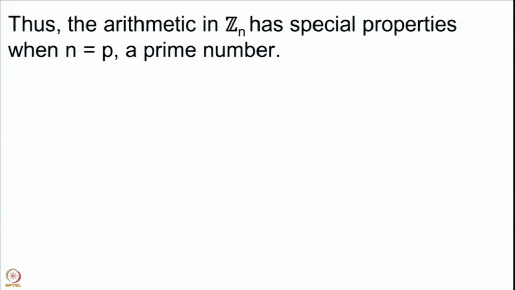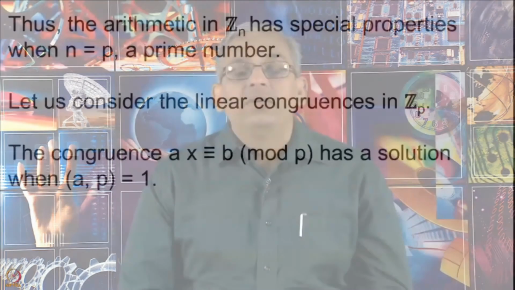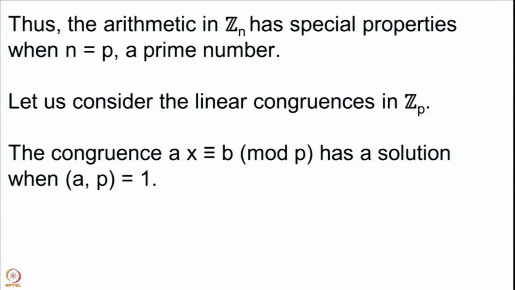If you are looking at linear congruences modulo a prime number, then we see that the congruence Ax congruent to B mod p has a solution when gcd(A, p) is 1.